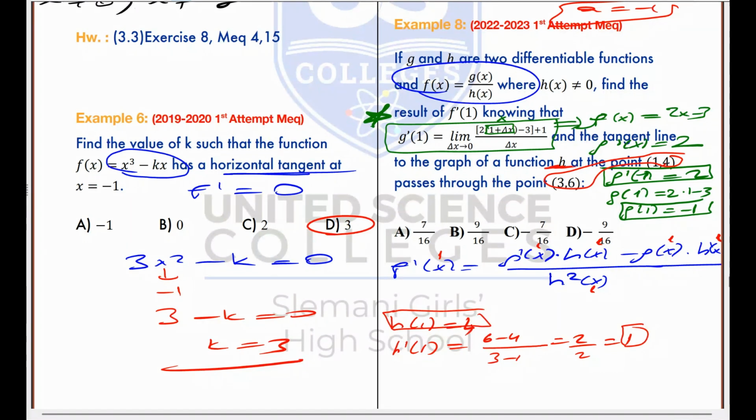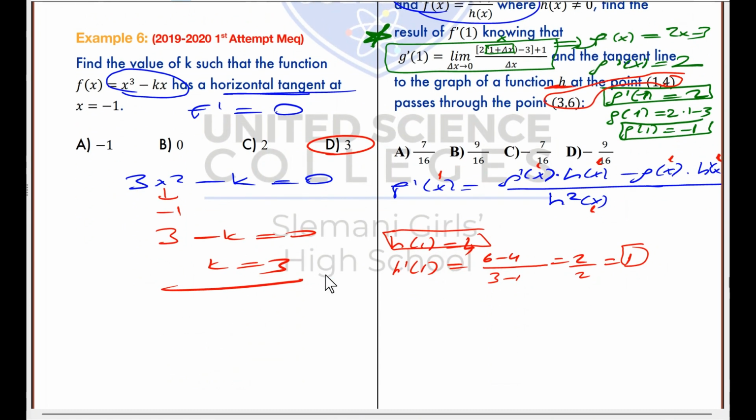So let's plug them back into the derivative of f. So now f prime of 1 equals g prime of 1, which we found as 2, times h of 1, which is 4, minus g of 1, which is negative 1, times h prime of 1, which is 1, divided by h squared of 1.